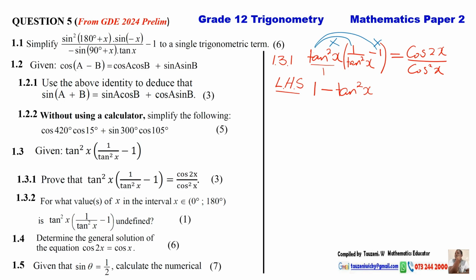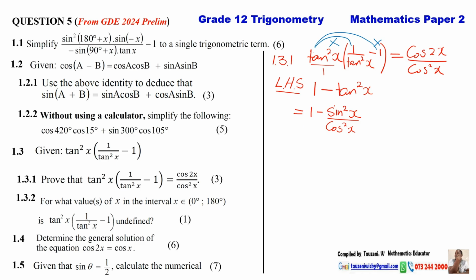Then from there, what do we know about tan? Tan is a very nice guy. If you see tan, it means sine over cos. So tan squared x is the same as sine squared x divided by cos squared x. Now, we now have fractions. What do you do when you are adding fractions?